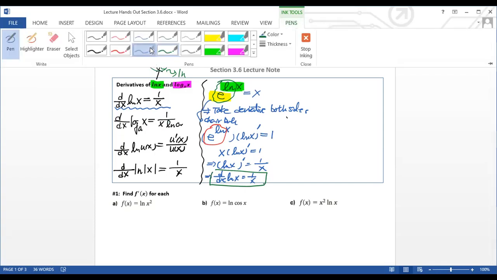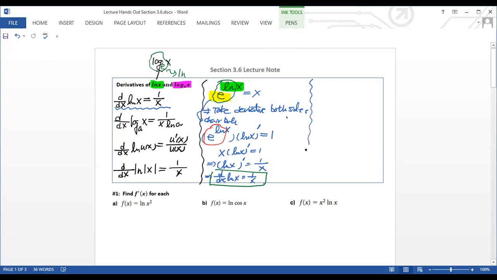Now I also want to mention a little bit about how to take the derivative of the natural log of the absolute value of x. Take a look. This is the natural log absolute value of x. Remember, if we see an absolute value, we always need to break it, correct?